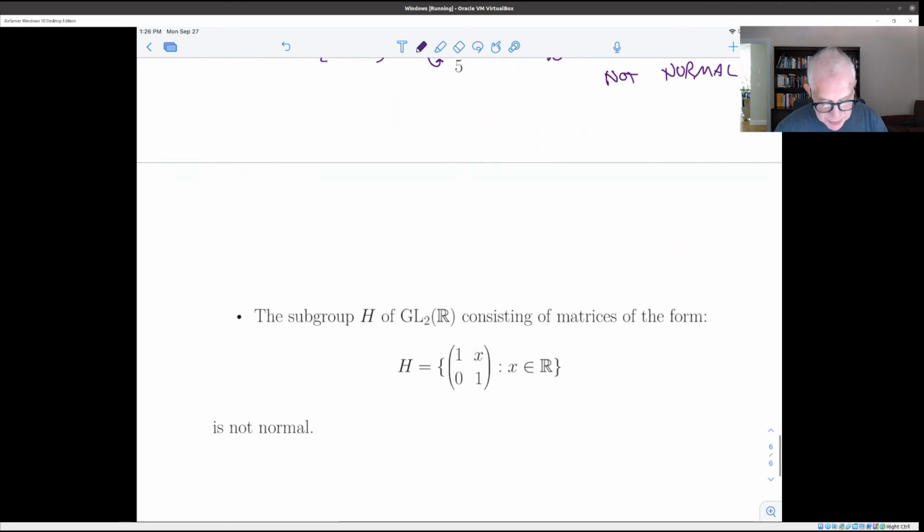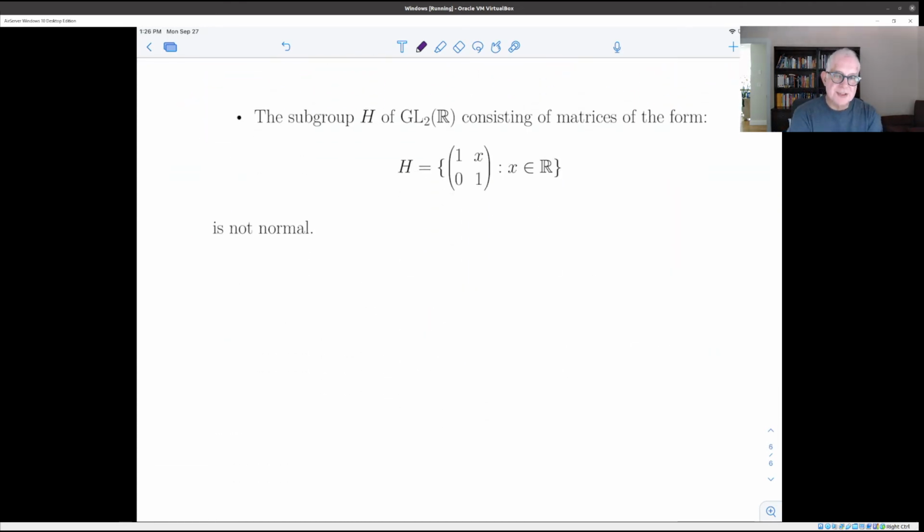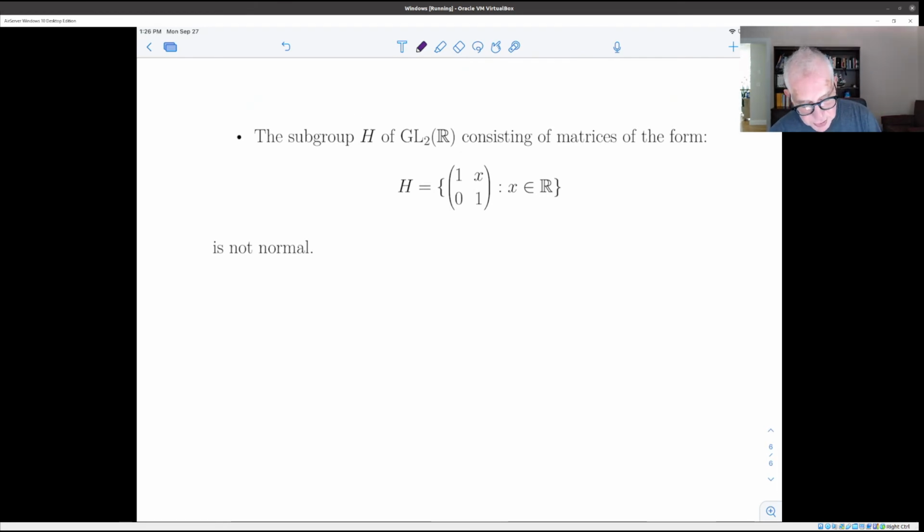The last example of a non-normal subgroup that I wanted to give is a matrix example. So I want to consider the subgroup H consisting of upper triangular matrices [1, x; 0, 1]. Here x is a real number. Because these matrices have determinant 1, they're invertible, and so this is a subgroup of GL2(R).